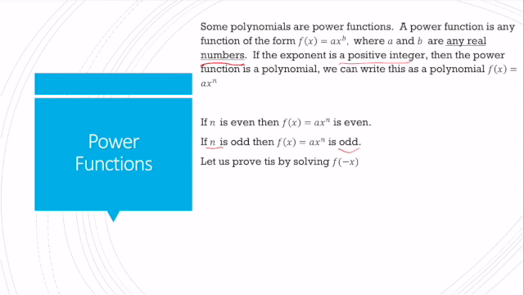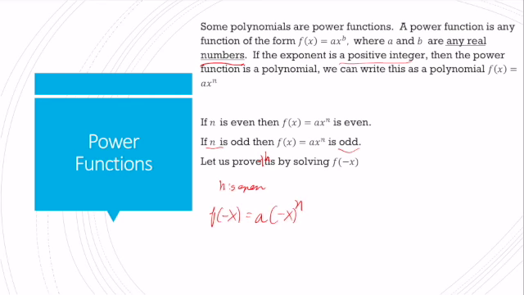And I can prove something is even or odd by solving f of negative x. So let us solve this, okay, by solving f of negative x. So let's say that n is even. If I have f of negative x equals a, negative x to the n, well, any even combination of numbers, right, my negatives cancel out.